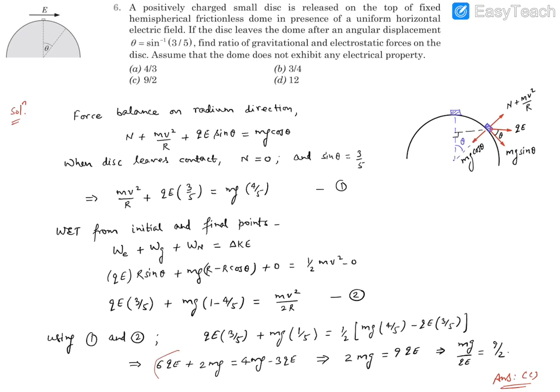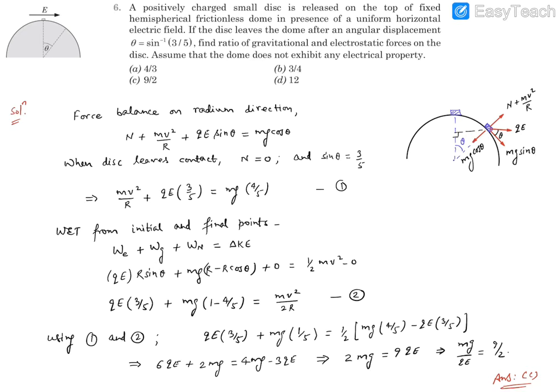So it's going to be 6 QE plus 2 mg on this side, and here it's going to be 5 mg minus 3 QE. When you settle them, this will come to this side, so it will make 2 mg, and this will come to this side, so it will make 9 QE. Ultimately, you will find mg upon QE is equal to 9 by 2. So the gravitational force divided by the electrostatic force came out to be 9 by 2.